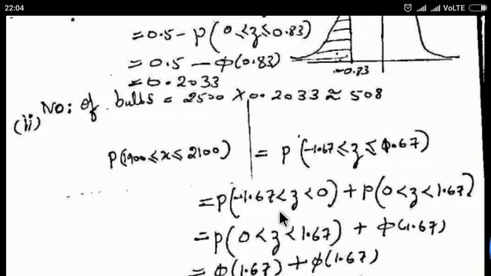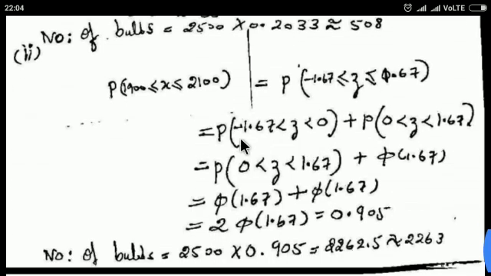The second part, x lying between 1900 and 2100. If we convert 1900 and 2100 into z, we are going to get minus 1.67 and plus 1.67. So probability of x lying between 1900 to 2100 is the same as saying probability of z lying between minus 1.67 to 1.67.